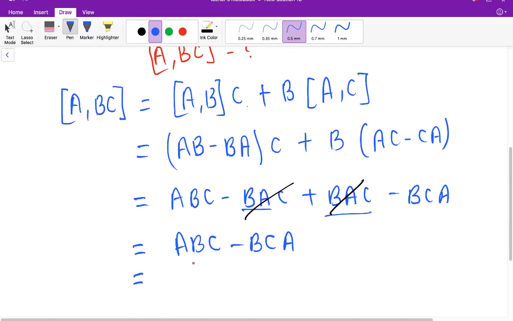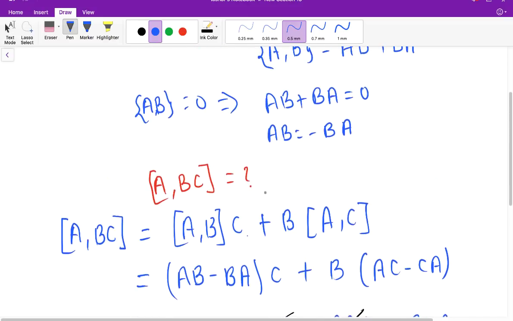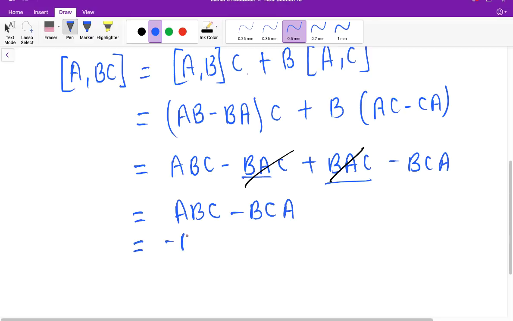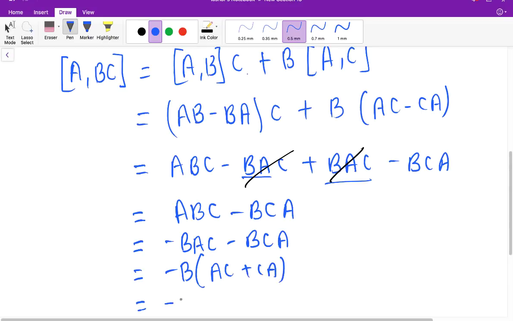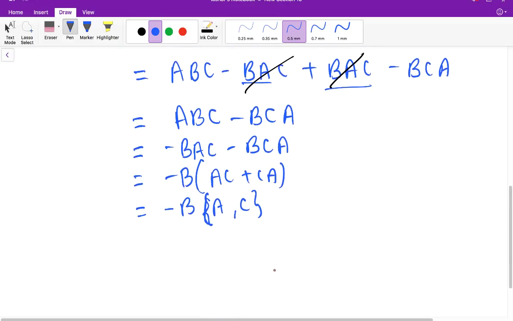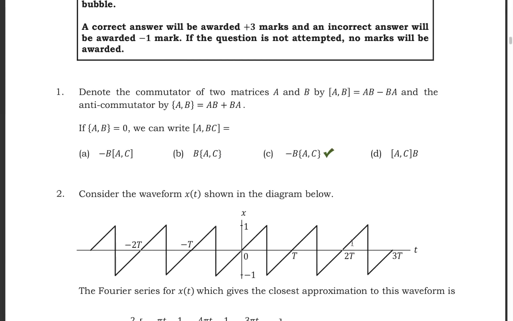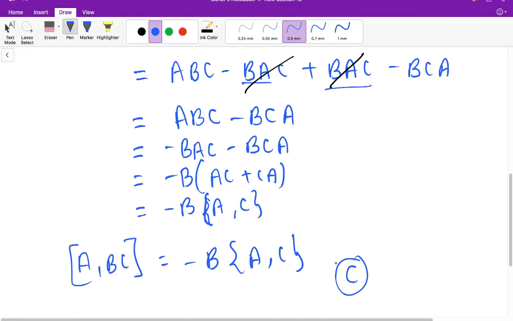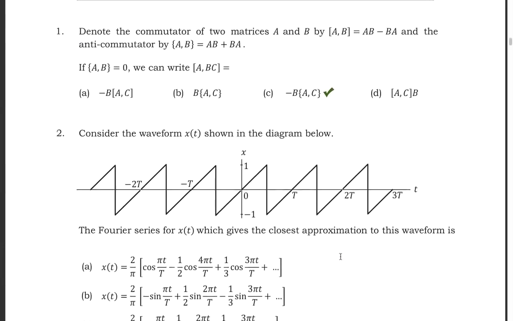But you can write AB as minus BA from here, so you can write here minus BAC minus BCA, and from here you can take minus B common, and this thing is basically AC plus CA, which is minus B times the anti-commutator of A and C. So you get the commutator of A with BC in this case as minus B times the anti-commutator of A and C, which is the correct answer, and it is option C.